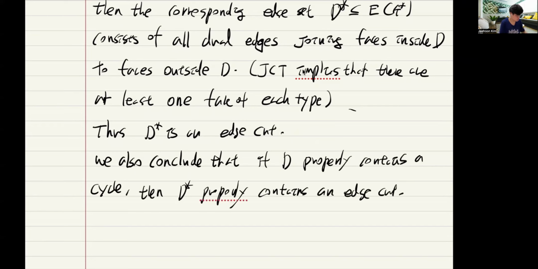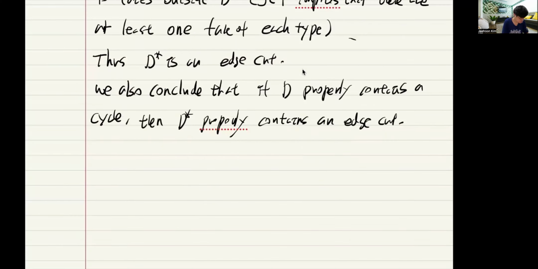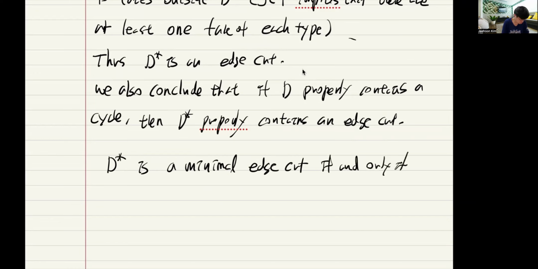So this shows that D star is a minimal edge cut, exactly when D is a cycle.